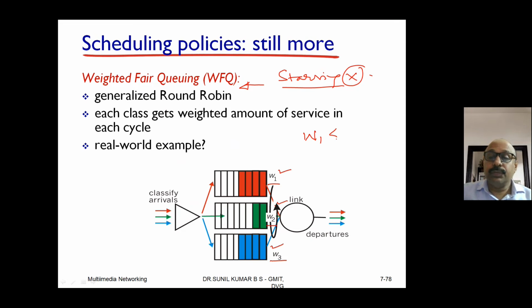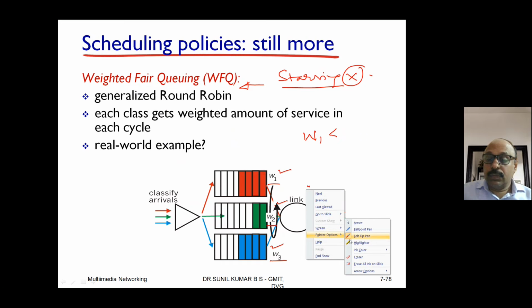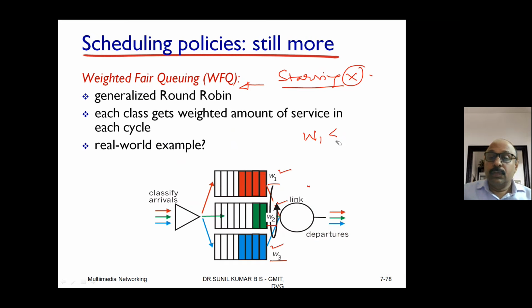Weight 1 has got the highest priority. Weight 2 has got the next priority, and weight 3 has got the next priority.